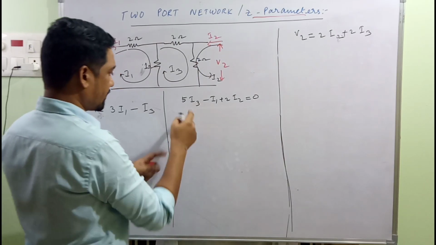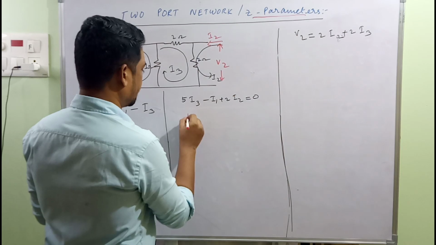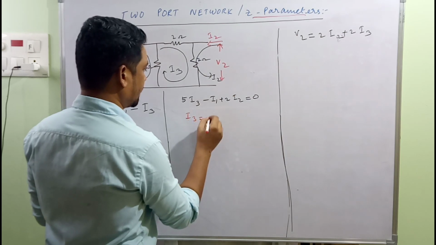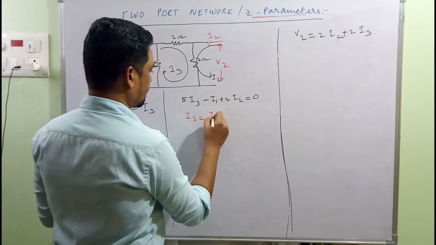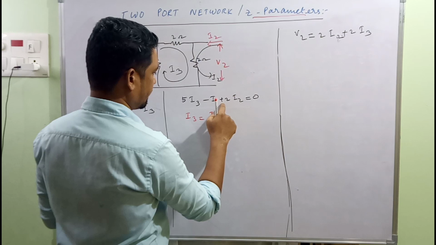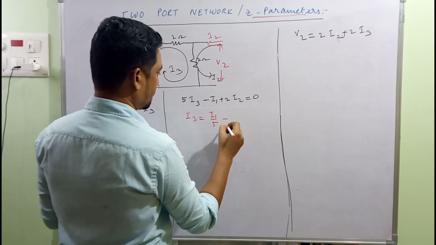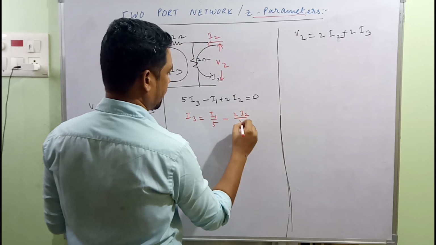Now this is the expression for I3. I3 will be equal to I1 upon 5, positive, and 2 times I2 by 5, negative.